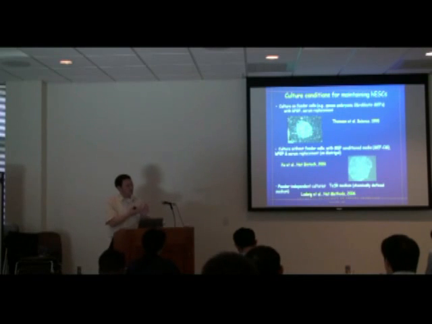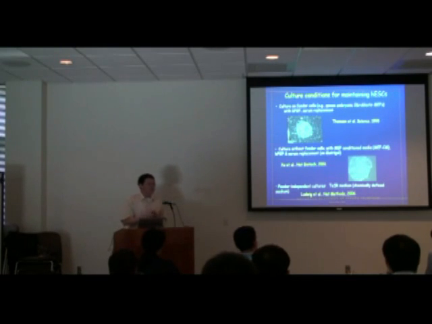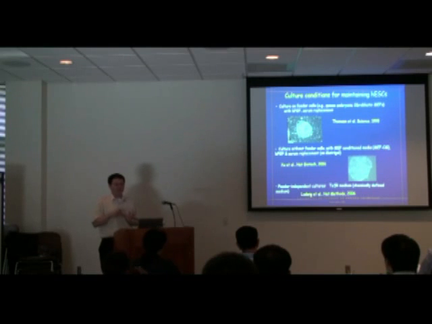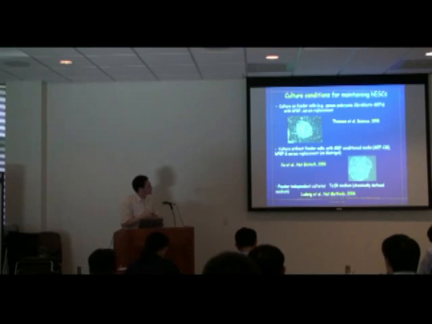So the matrix gel will provide the support. Meanwhile, they use MEF conditioned medium, and combine it with other factors to grow these cells. So basically, you have only one type of cells in the system. You still have MEFs, but not MEFs themselves, but MEF conditioned medium. Conditioned medium means it is the medium where MEFs are cultured, so it still contains the goodies that are important for culturing human ES cells.